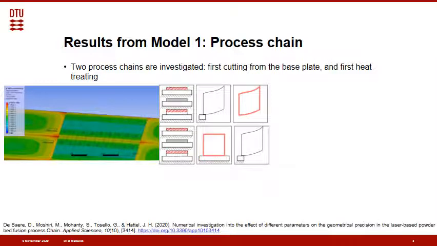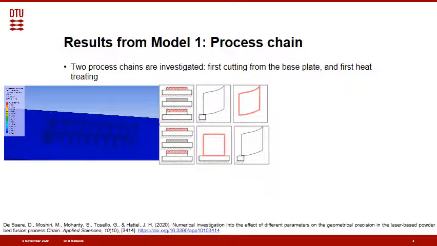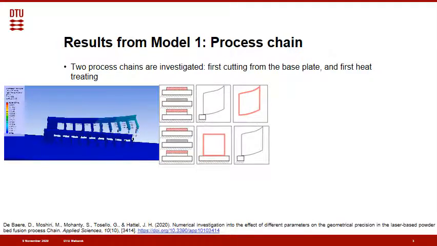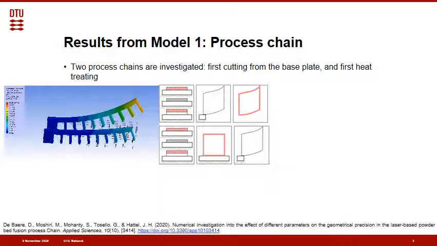So, going on to the results from the first model. There are two different process chains being evaluated. At the top you can see the beam first being cut from the base plate and next heat treated, while on the bottom the reverse happens. It is first heat treated and then cut from the base plate.